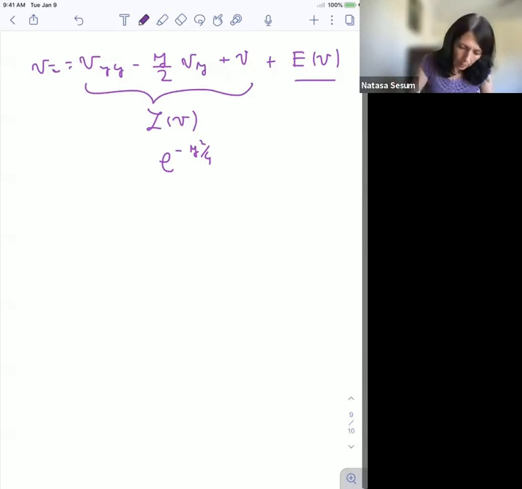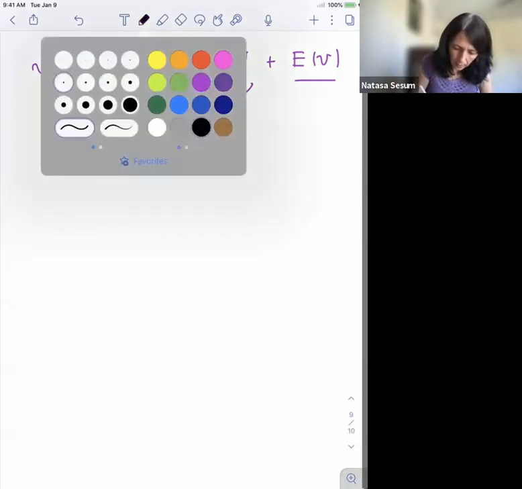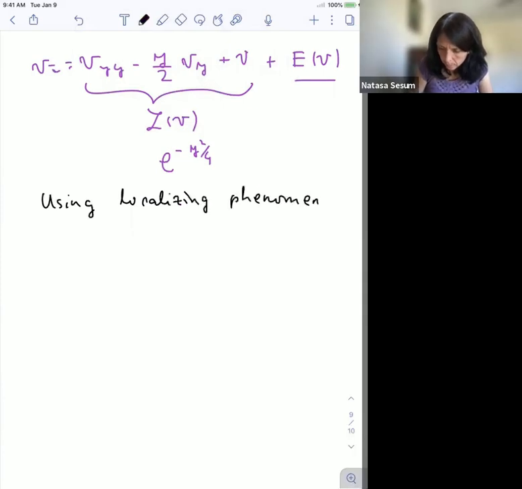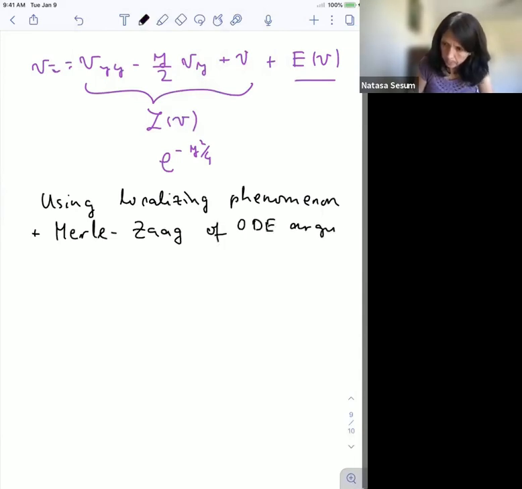So now I will just say that using the localizing phenomenon, plus Merle-Zaag type ODE arguments, this is the first thing that we do.